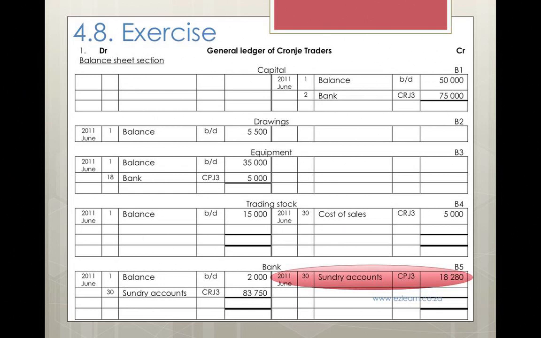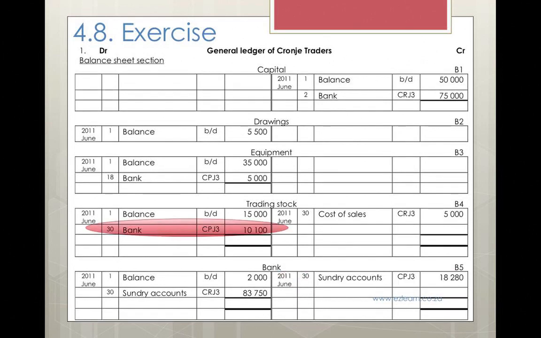This is acceptable. Your trading stock column will be posted to the debit side of the trading stock account as your asset is increasing. Your contra account is bank and your folio obviously CPJ3 for the 10,100.